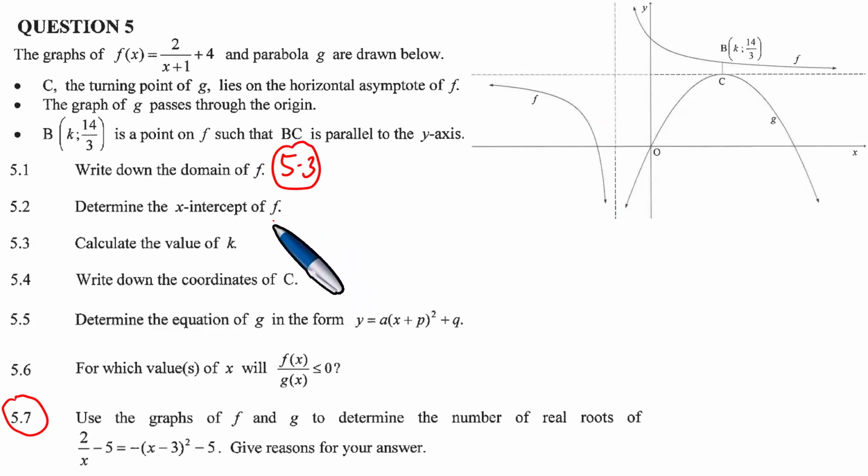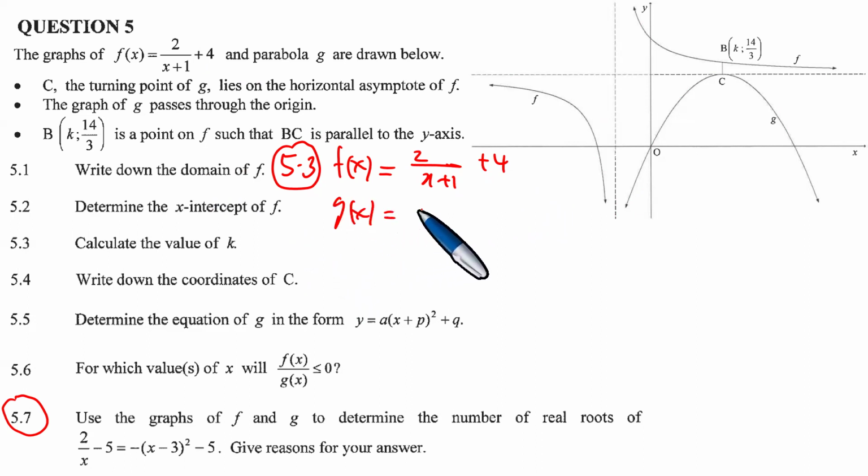First and foremost, we need to take note of the 2 functions. f of x is 2 over x plus 1, plus 4. g of x equals minus, open bracket, x minus 2 squared, plus 4. So these are the 2 equations of f and g respectively.